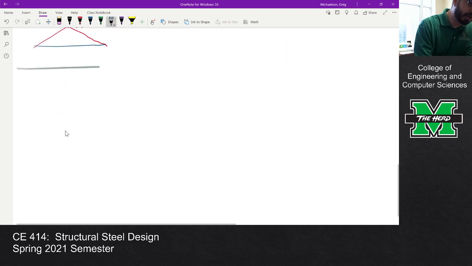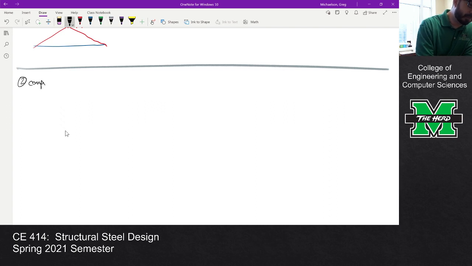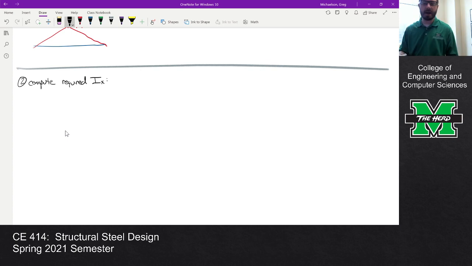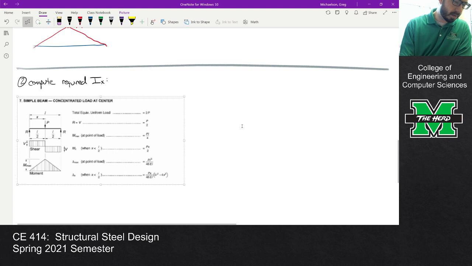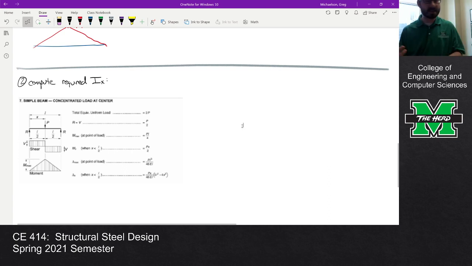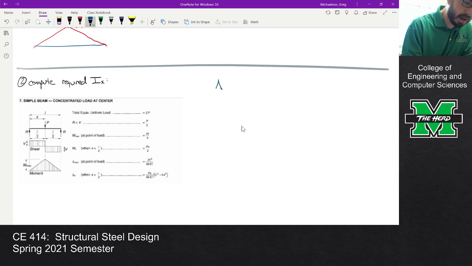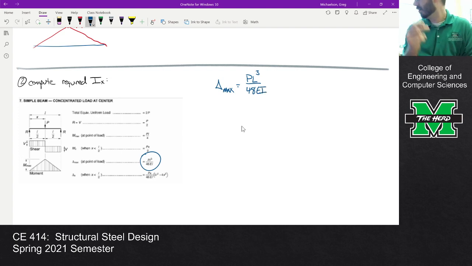So step 2 is to compute the required IX. Now, here's the case according to the manual, and the maximum deflection. I'll sort of rewrite it here. It's right there. I'm just blowing it up a bit. Is PL cubed over 48 EI.